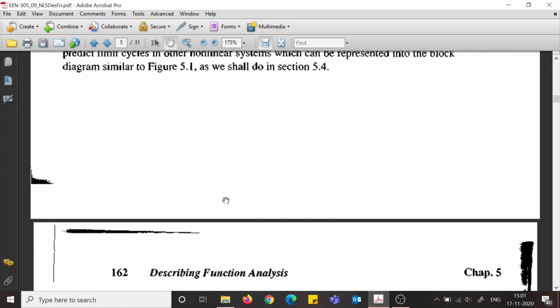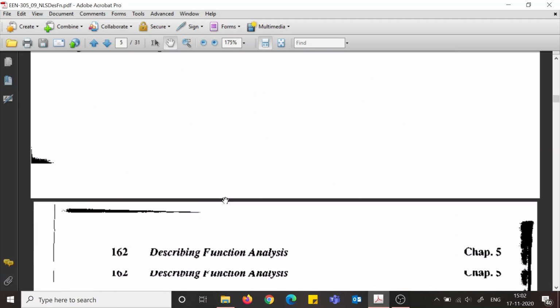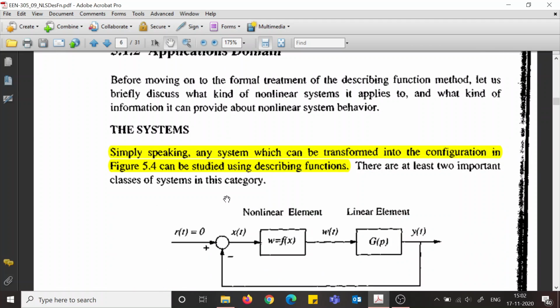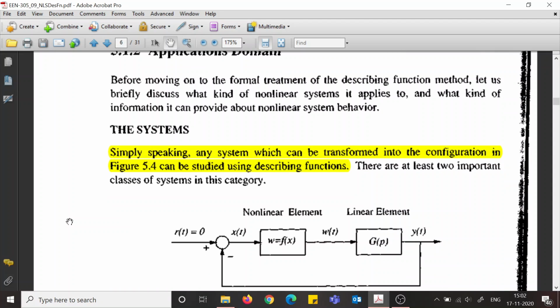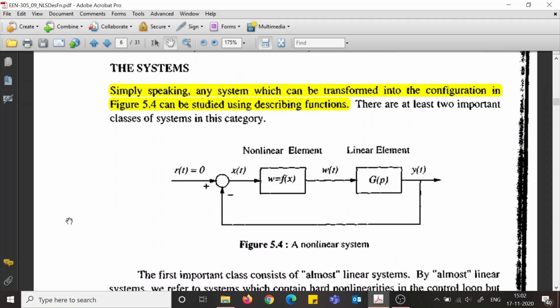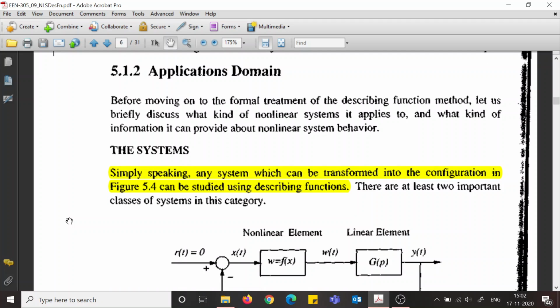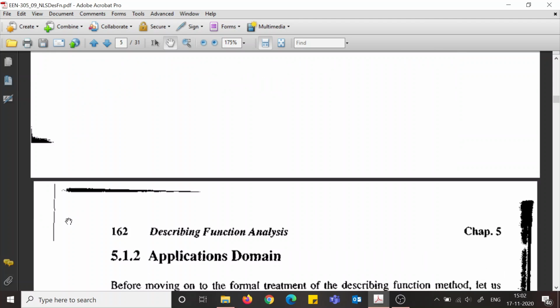This is mainly the introduction part, so you can read all through this and get a brief understanding. Now, some main points I have highlighted in the PDF. The first thing is, which sort of systems can we actually analyze for limit cycles using the describing function method? So what do we do actually in the describing function method?